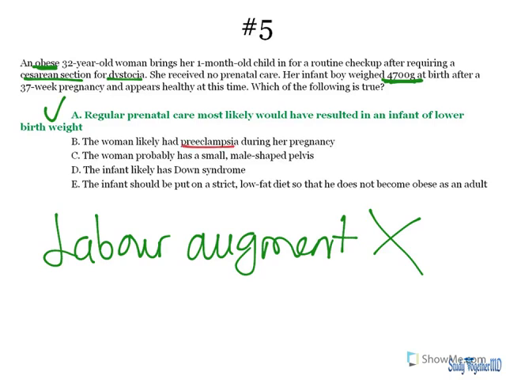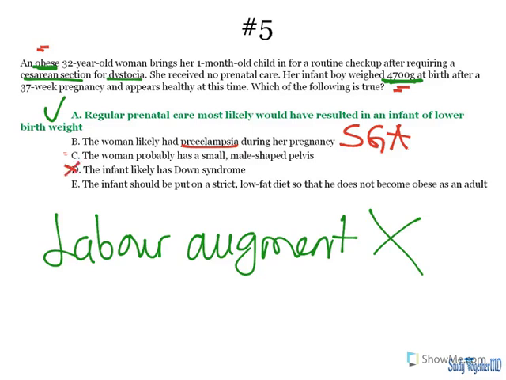Now, preeclampsia is associated with actually small for gestational age. Now see, this could have been correct if we didn't have the information about obesity or the infant size, because the most common cause of failure to progress is cephalopelvic disproportion.